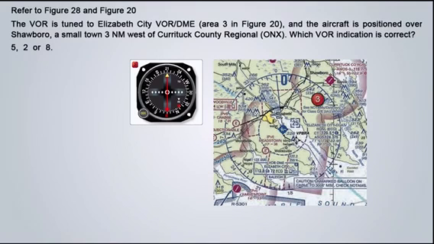Again, let's draw that north-northeasterly heading of 030 towards the VOR on the chart and check if the town of Shawboro is somewhere on that line. As this line is the exact same as the one we drew for VOR number 8, it's obvious that Shawboro is nowhere close to it, which means that VOR number 2 is also incorrect.